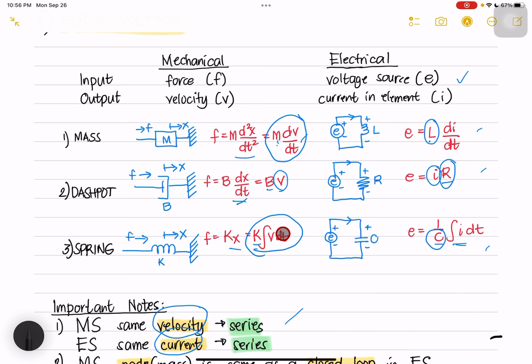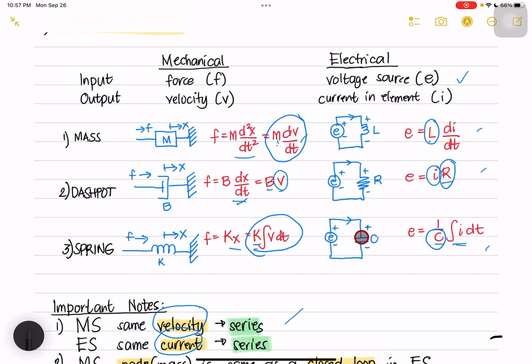Okay? So what about in electrical system? Ang katumbas naman ng spring is capacitance, capacitor. So gagayahin natin tong format nito, wherein we will have the integral formula. So the integral of current times dt. That will be the formula: 1 over C integral of i dt.